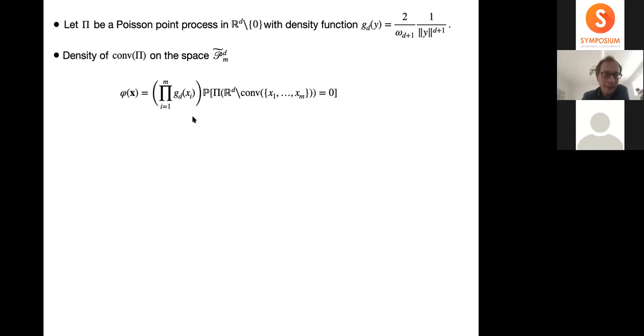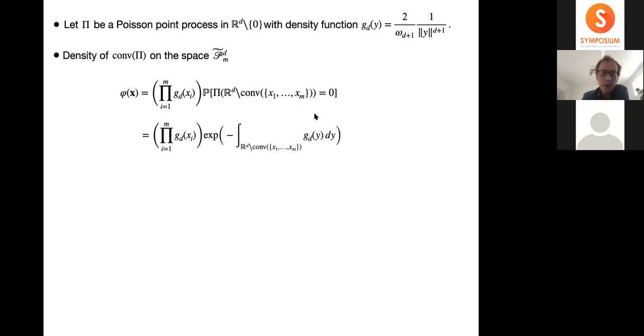Well, what is the density? Well, you first need to pick the m vertices, and then you have to ensure that outside these points, there are no further points. Meaning that outside of the convex hull of the points that you claim are the vertices, there are no further points, meaning that the Poisson point process does not put any mass there. Okay?